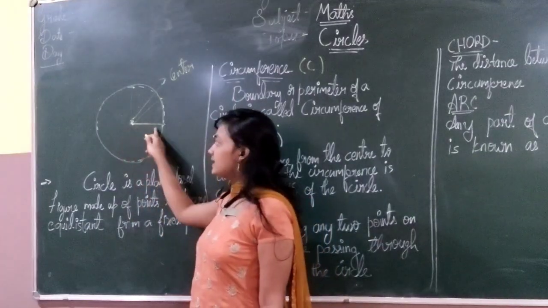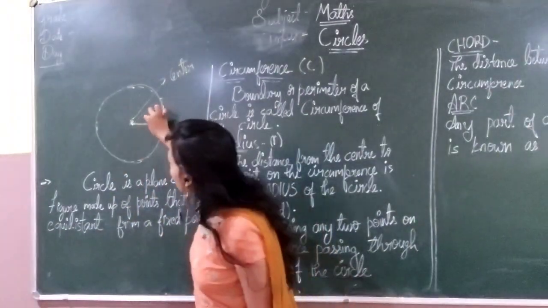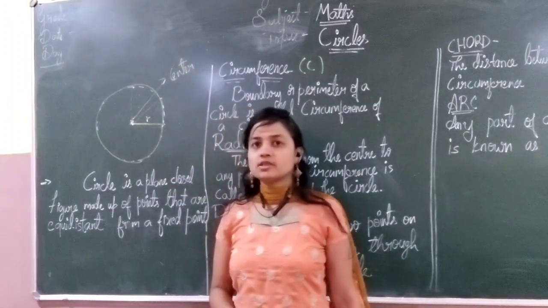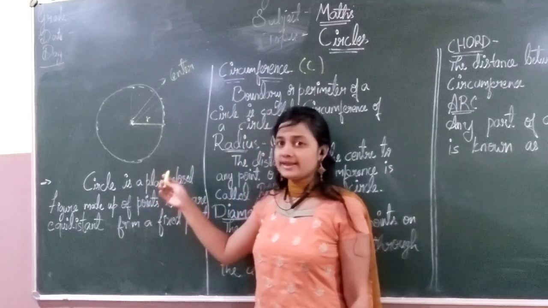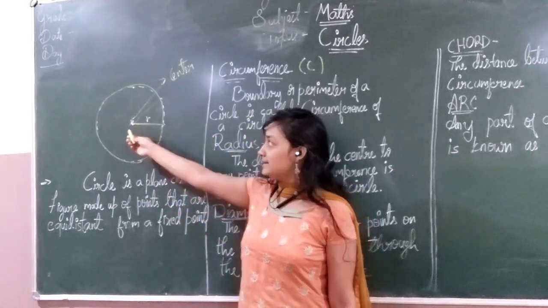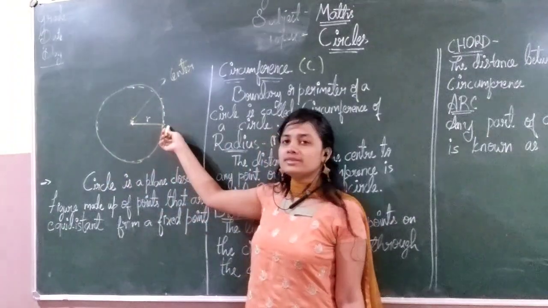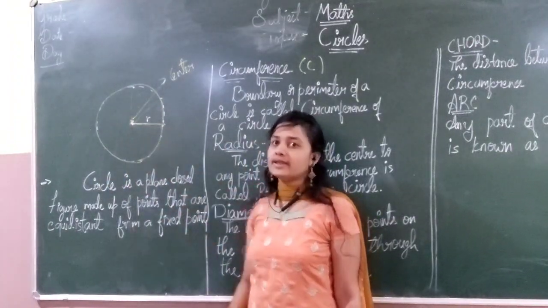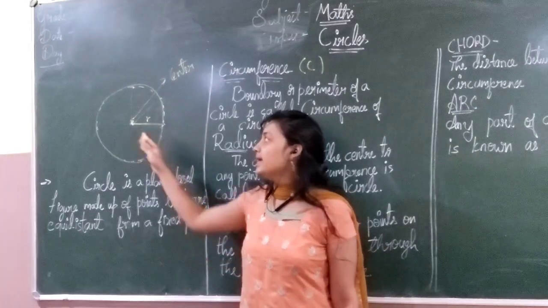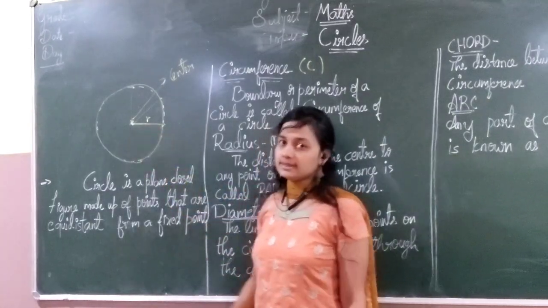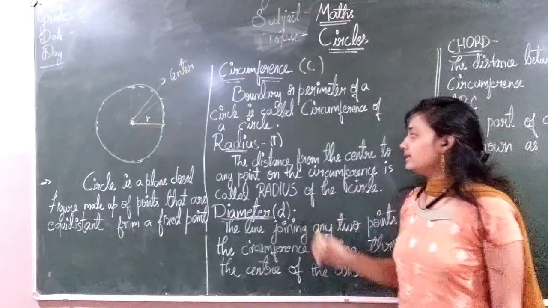This distance is called radius and you write it as small r. So once again, what is the radius? Radius is the distance from the center to any point on the circumference. It is only one point. Any one point on the circumference. That is radius.